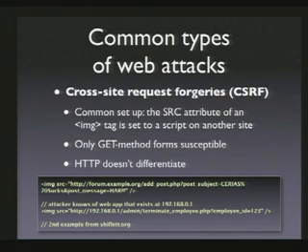Basically, you pass an image tag in, and you set the source attribute to a script that's on another site. One thing is that this only works with GET method forms, but the idea here is that you inject that to get it to trigger some kind of action via GET on another site.